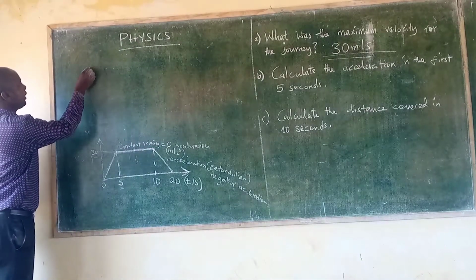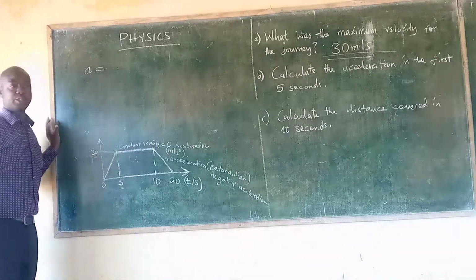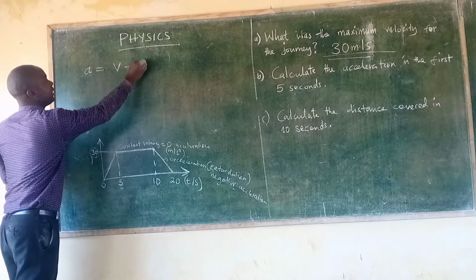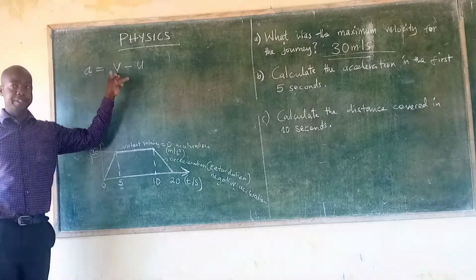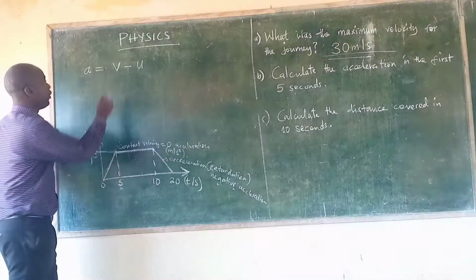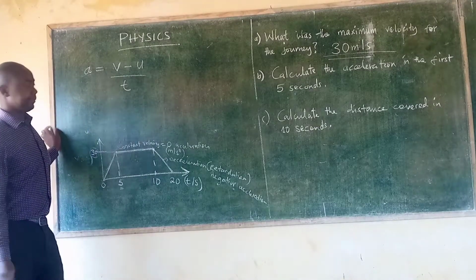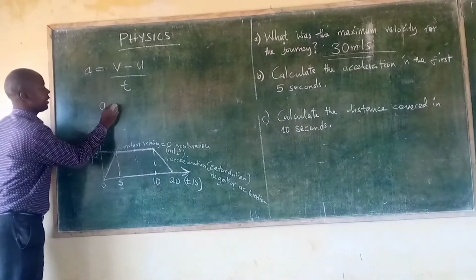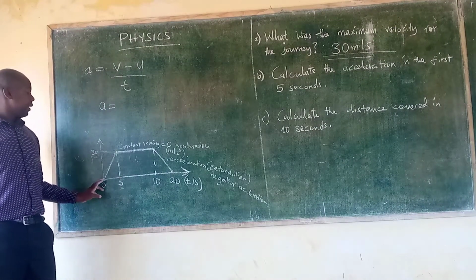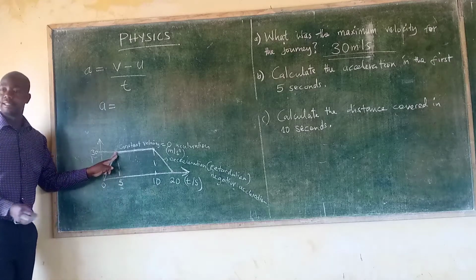A, acceleration, is equal to V minus U over t, where V is final velocity, U is initial velocity, and t is the time taken. So acceleration is equal to, in the first 5 seconds, the final velocity was what?